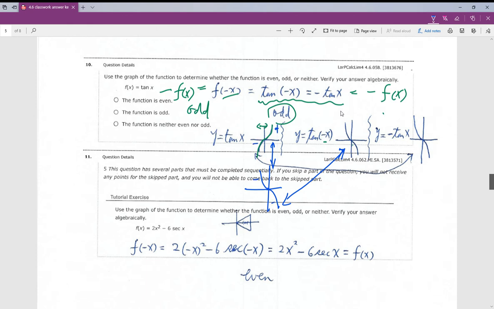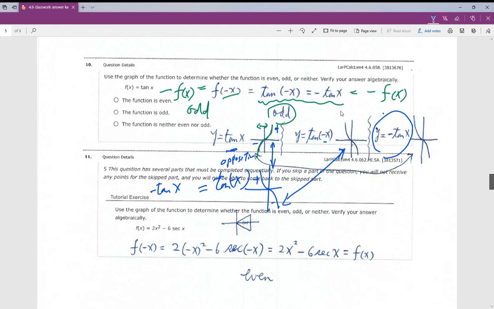Negative y becomes positive y. So that's how we have the y value just the opposite of the original tangent. Okay. So this is tangent of negative x, and tangent of negative x happens to be the opposite of tangent x. Therefore, we say this is the opposite of tangent x.